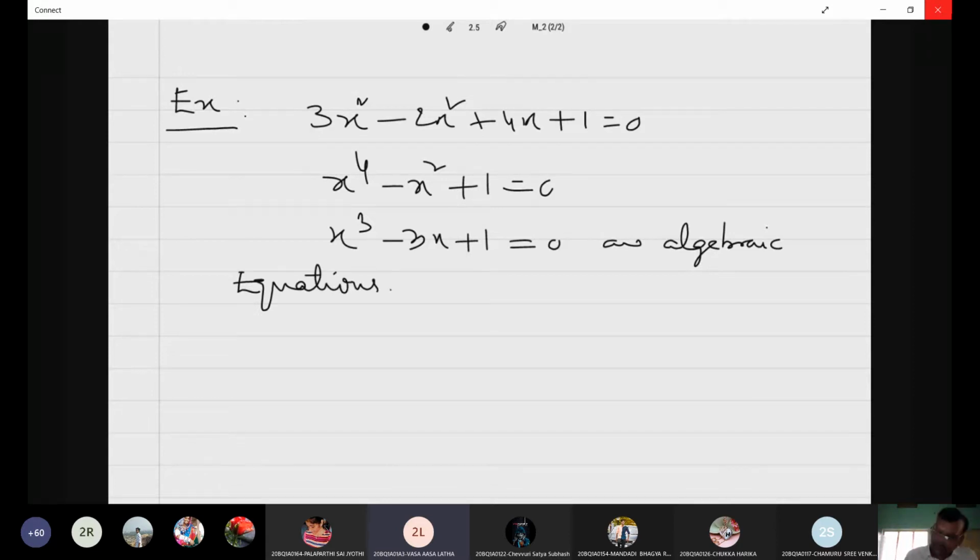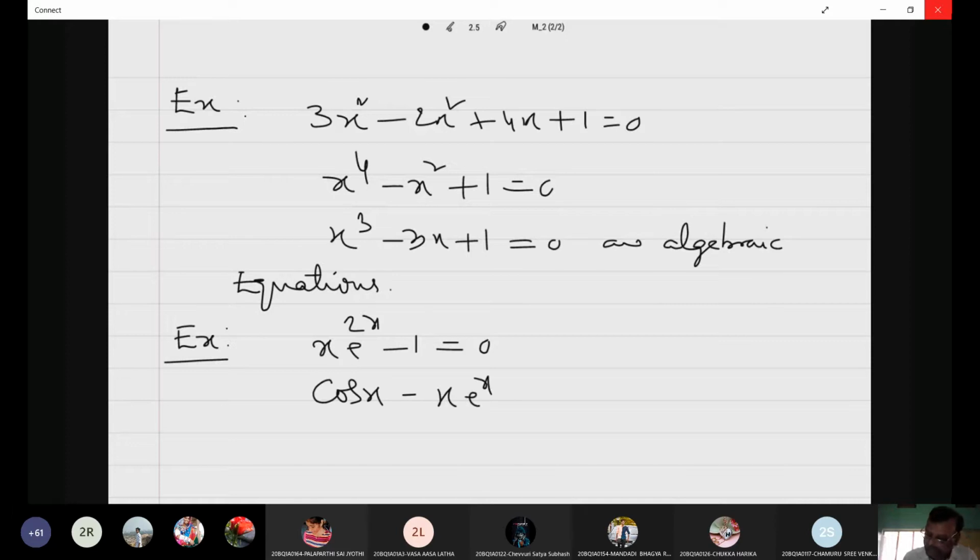Okay, and some more examples that we have to observe here: x e power 2x minus 1 is equal to 0, like this. And similarly, cos x minus x e power x is equal to 0, or tan x minus x is equal to 0.